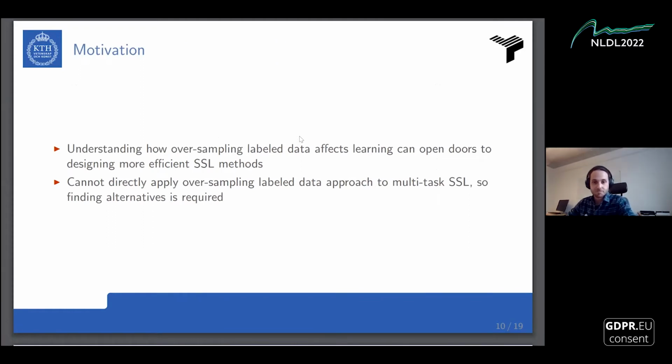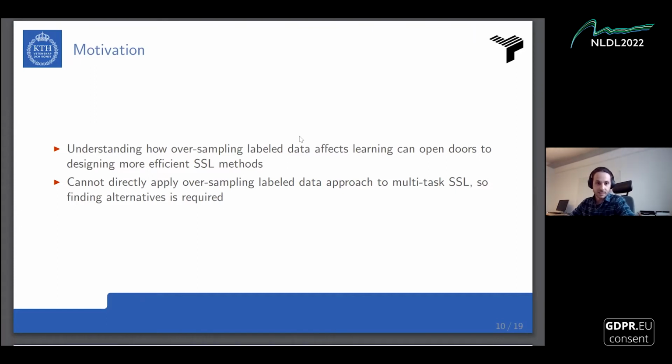So our motivation to do this is first to be able to understand why this oversampling of labeled data is such a common approach. And we believe that if we understand if that really actually helps, and how it does so, that can open some doors to designing more efficient semi-supervised learning methods overall.